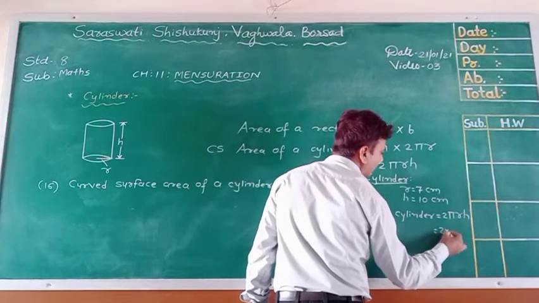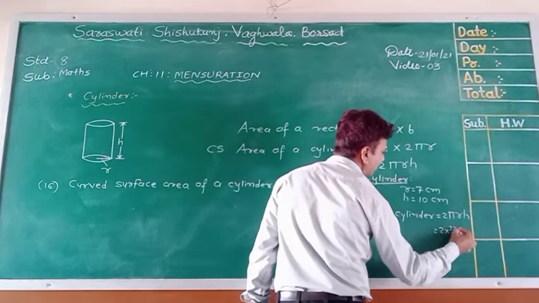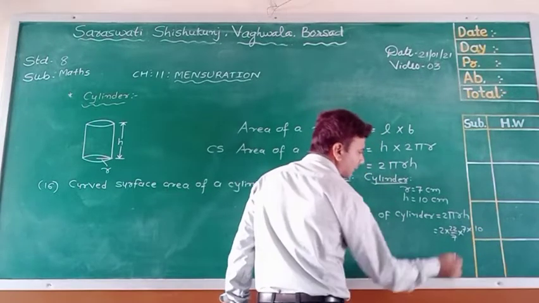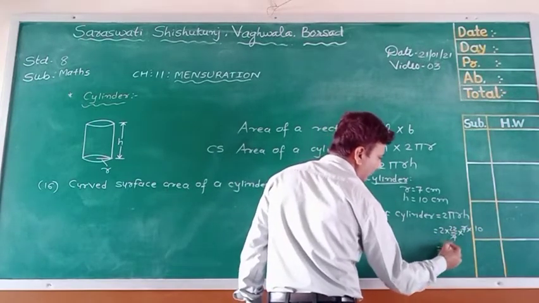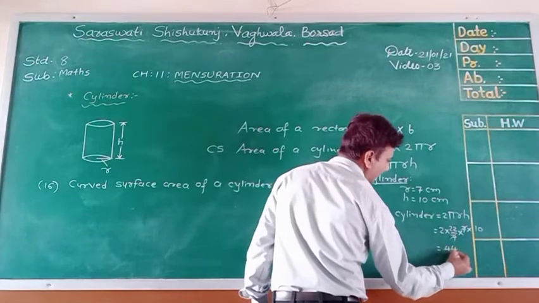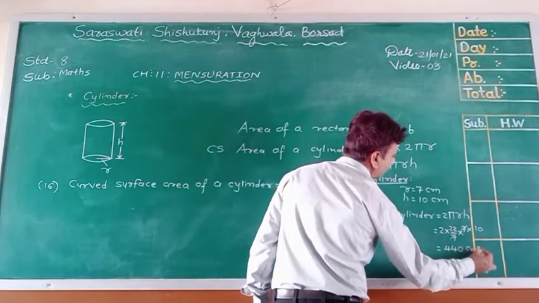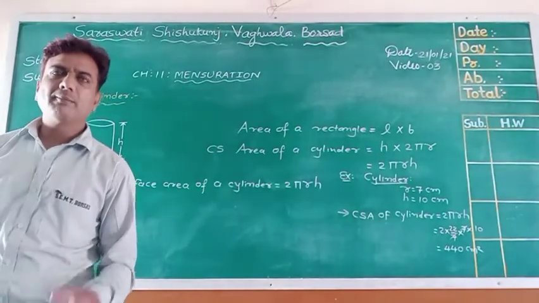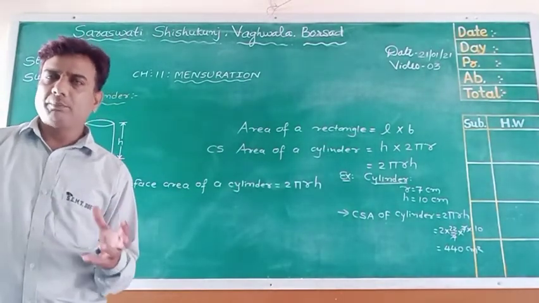This 2 pi is 2 times 22 by 7, radius is 7 and height is 10. 7 cancels, 22 times 2 is 44, and this 10 centimeters. So 440 centimeters square is the curved surface area of the cylinder.